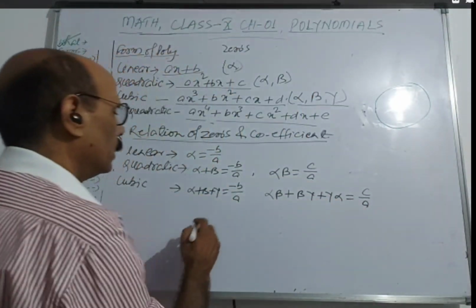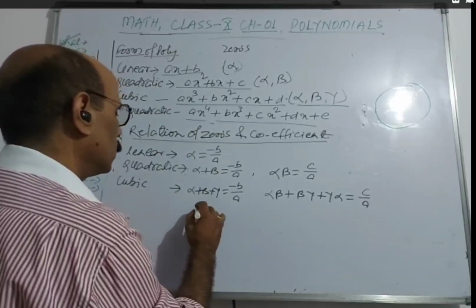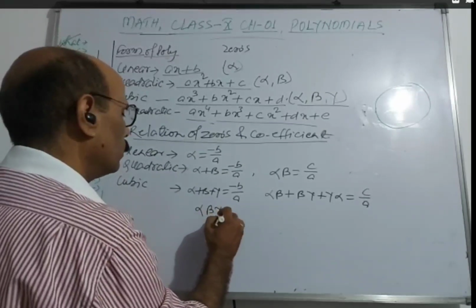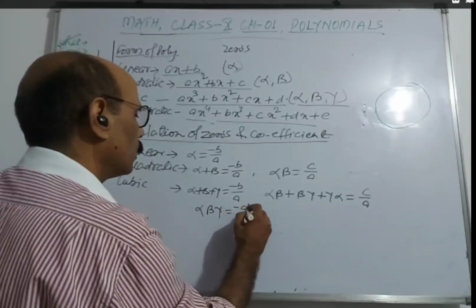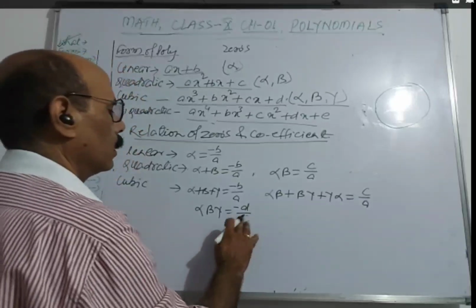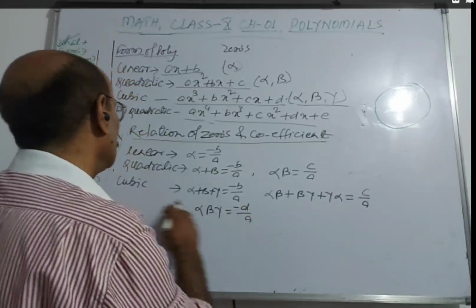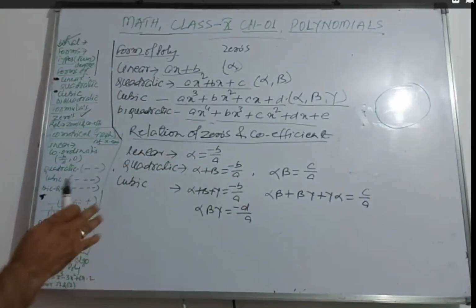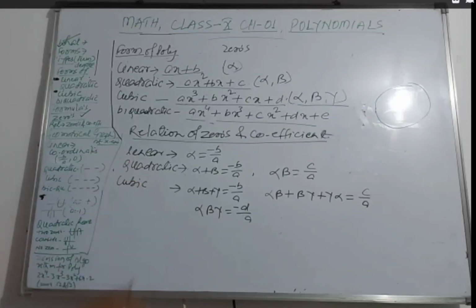And then alpha into beta into gamma is equal to minus d by a. Okay, you have to remember this. This is the relation. Based on this, questions will be asked.